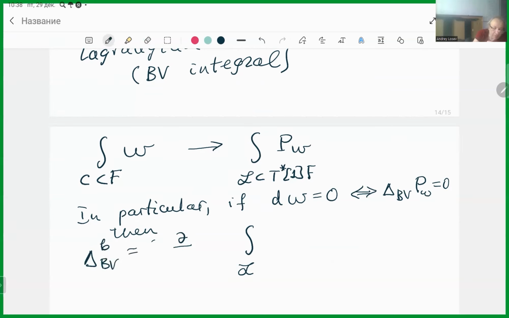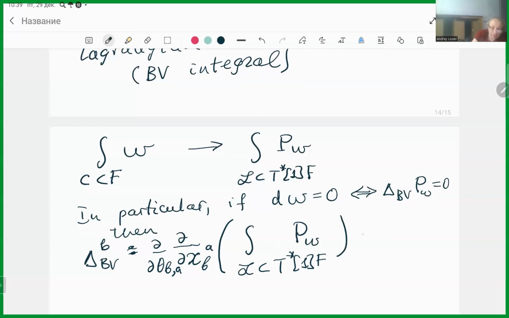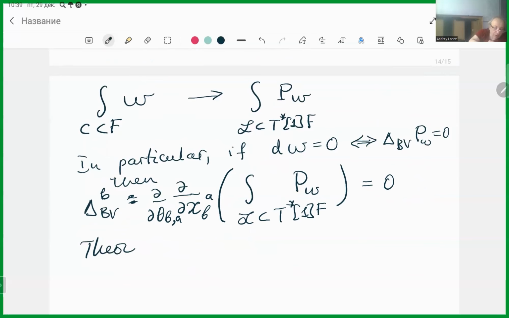Delta BV on the base applied to such an integral, and this is the theorem for direct image for BV integrals.